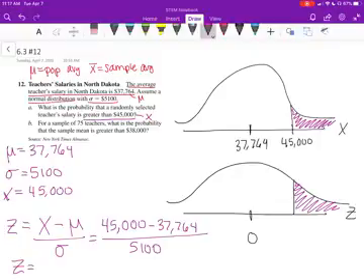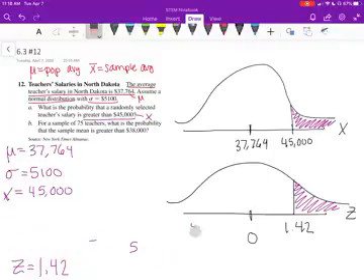Let's see what we get. So we get z is equal to 1.42, because the 8 rounds that 1 up to a 2.